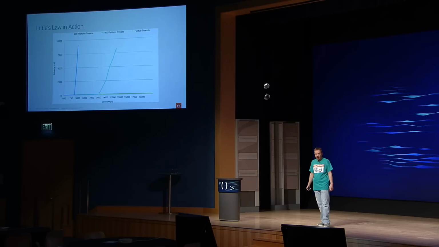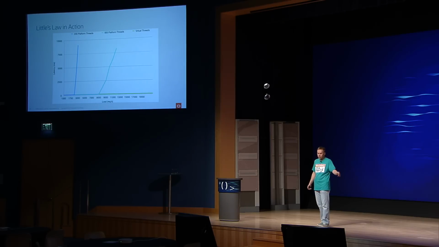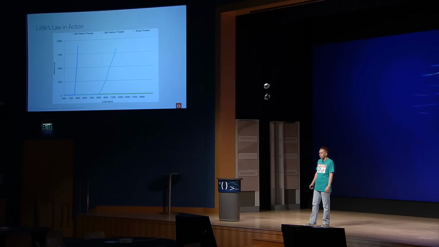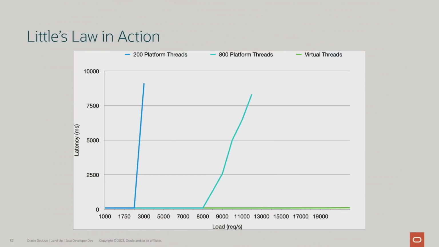Because a classical operating system thread is a resource. And here is an example. It's a slide which you also could see in the previous talk. It shows Little's law in action. It's a practical result which was made for a Jetty server when simulating requests of 100 milliseconds with some I/O limitations.